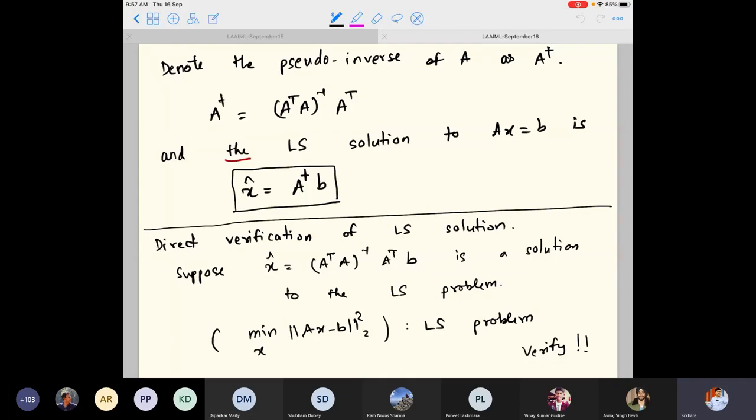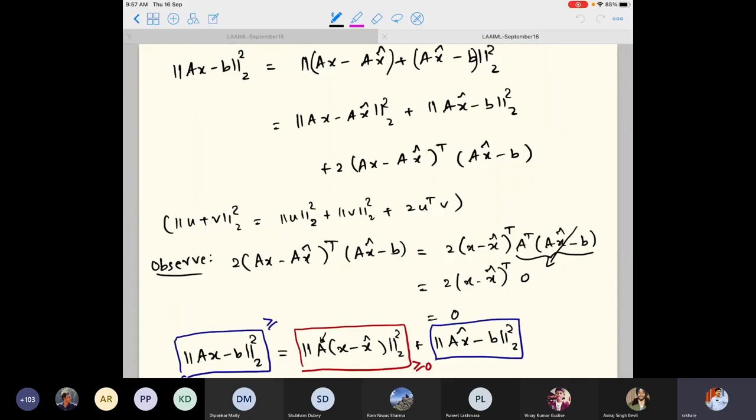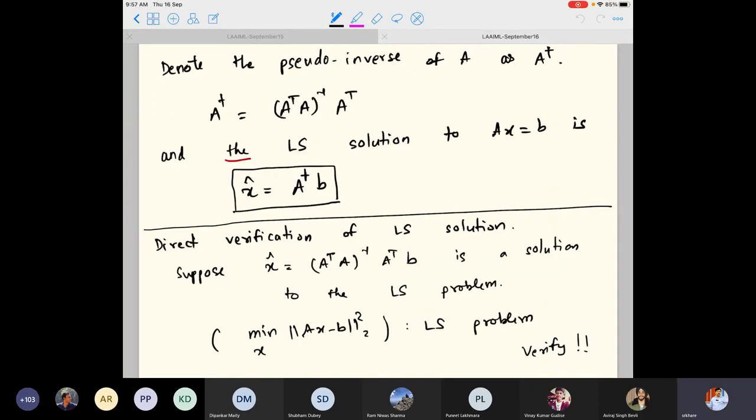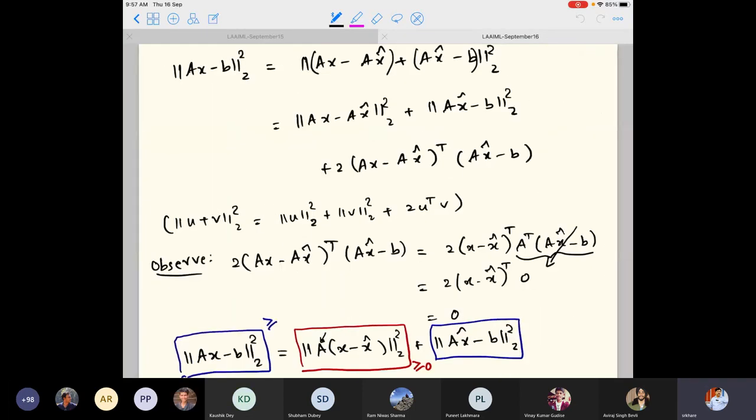You have assumed that. So if you want, you can substitute that x hat here and you see that you get 0. You are verifying whether this is a solution or not, right? So you substitute for x hat here and you will see that you get 0.